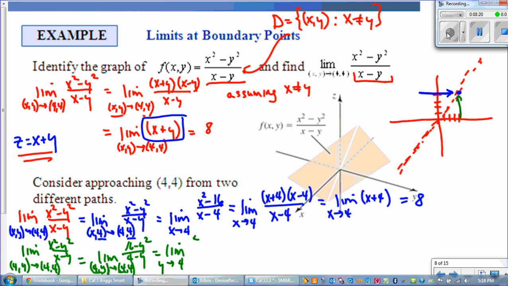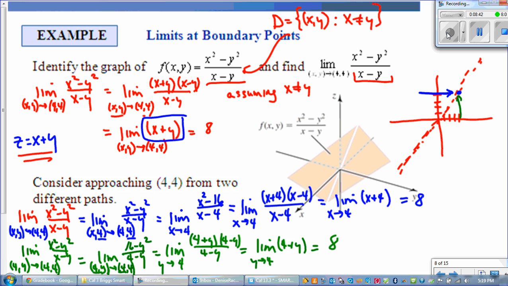So we could rewrite this as (4 plus y) times (4 minus y) over (4 minus y), which would be the limit of 4 plus y as y approaches 4, which would again just be 8. We've changed it to a limit with just a single variable.